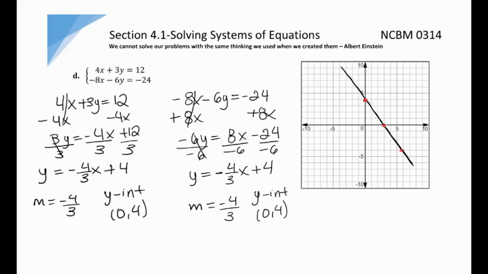What happens when we graph our line? Now our line is on top of the black line that we had there before. That means that they are the same line. Therefore, this has infinitely many solutions.